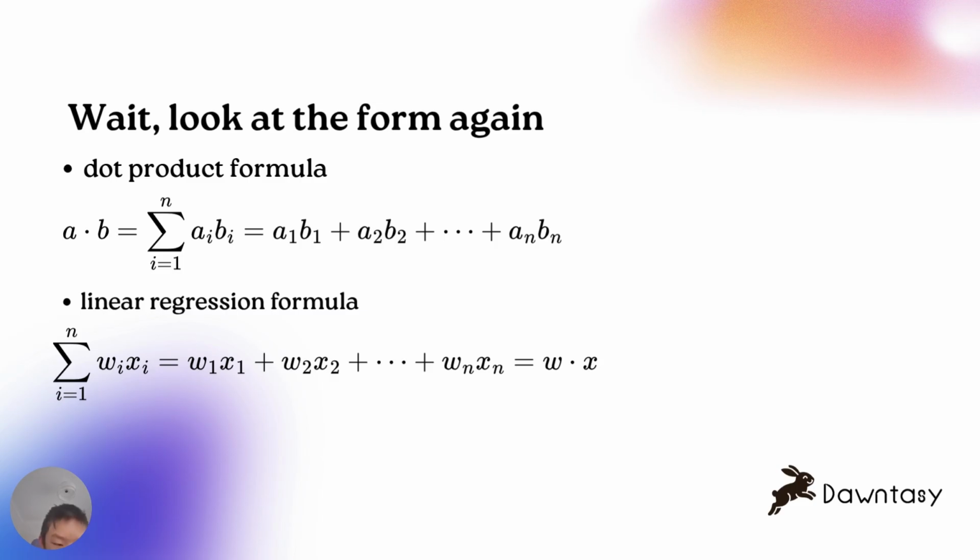If you look at this again, you can see that there's a very clear alignment between the dot product formula and the linear regression formula. They're exactly the same, just with different variables.